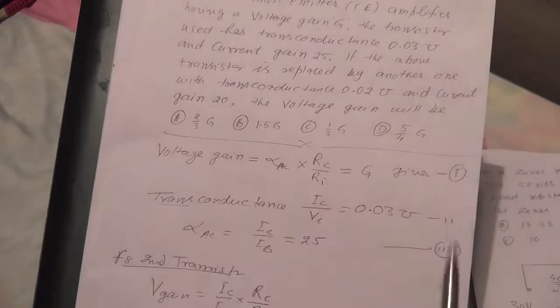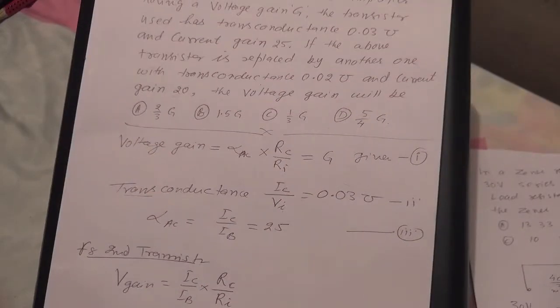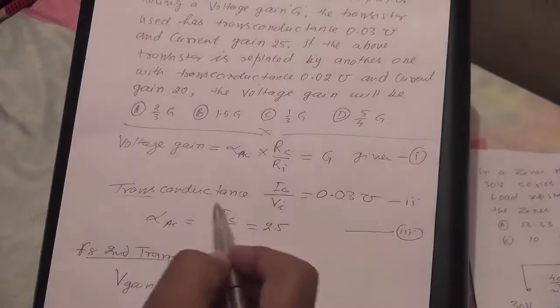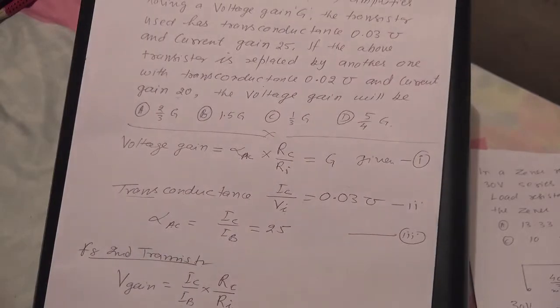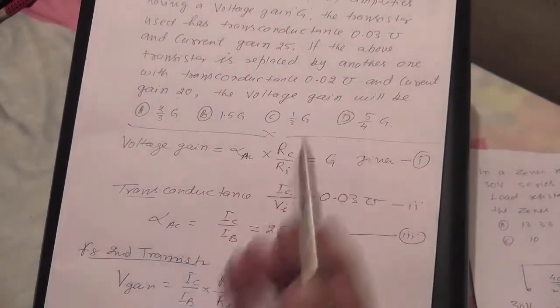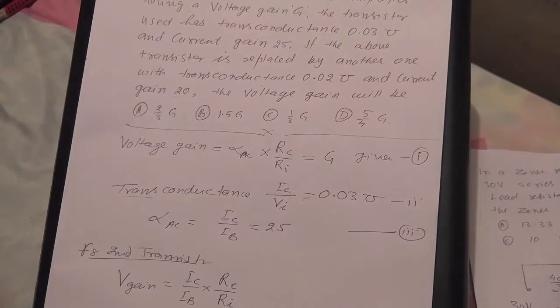ट्रांसकंडक्टेंस 0.02. इसका ट्रांसकंडक्टेंस फिर से सेकंड के लिए भी हमको क्या दिया है? ट्रांसकंडक्टेंस इज IC अपॉन VI. दिस इज इक्वल टू ट्रांसकंडक्टेंस 0.02. अब यहां पर हम किसके लिए अटक रहे हैं?